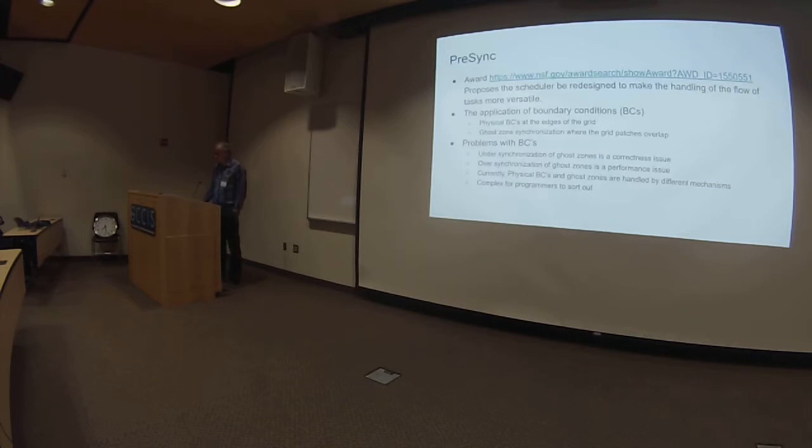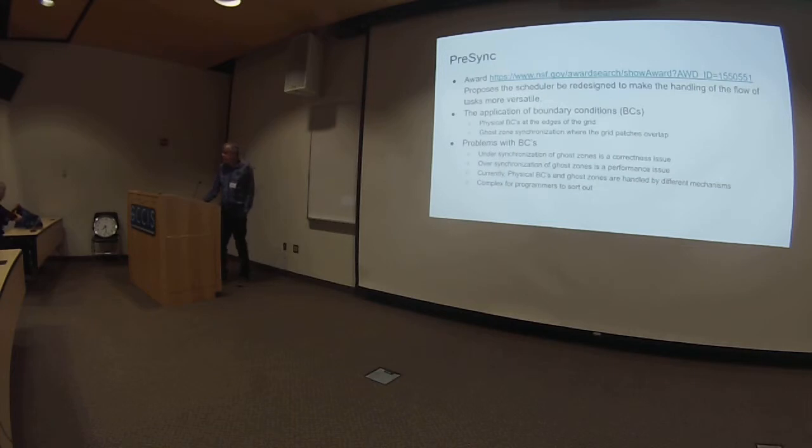So what we're trying to do here is unify these two operations, have them happen at the same time, and happen on demand, that is, when they're needed. The idea is you shouldn't have to specify when these things happen. The system should be able to figure it out.